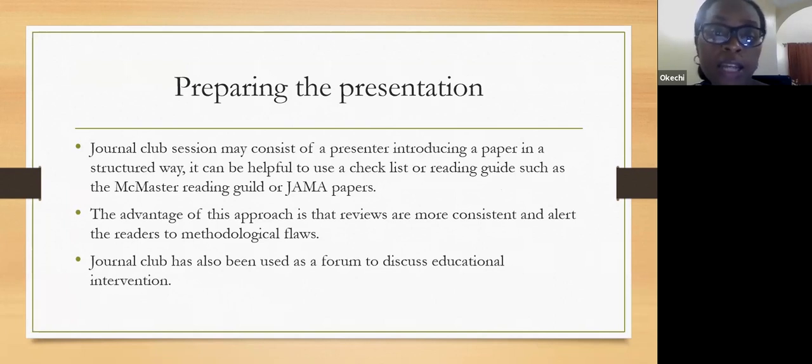The advantage of this approach is that reviews are more consistent and the readers are able to identify methodological flaws, like I said, and they could write on it and tell the publishers about that. Journal clubs also have been used as a forum to discuss educational interventions. Next slide, please.